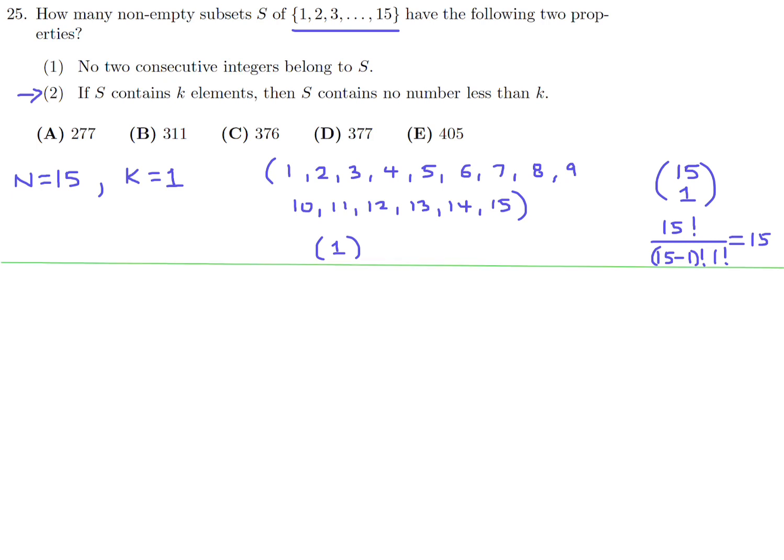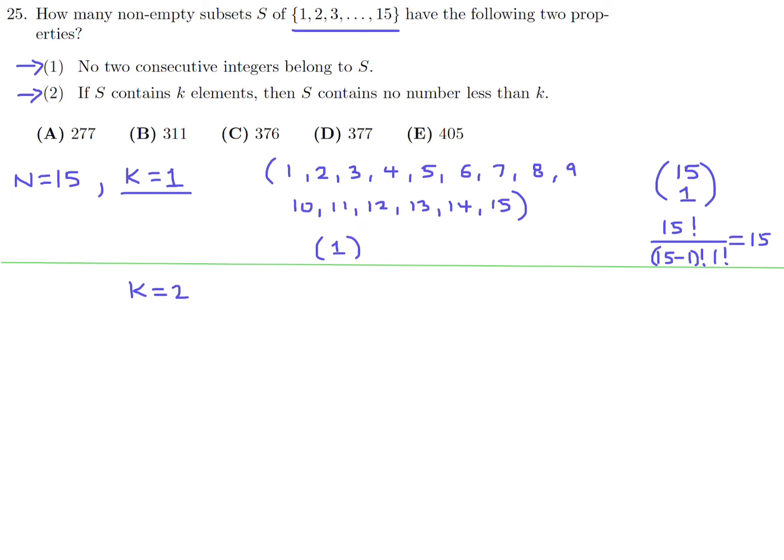Let's go to k equals 2. Before I get to that, let me just talk about point number 1 when k is 1. No two consecutive integers belong to S. Well, we only have one integer in there, so there's no real issue with regard to consecutive integers.